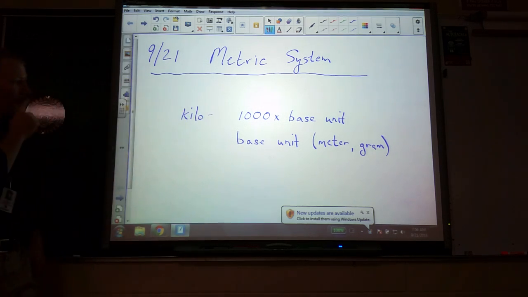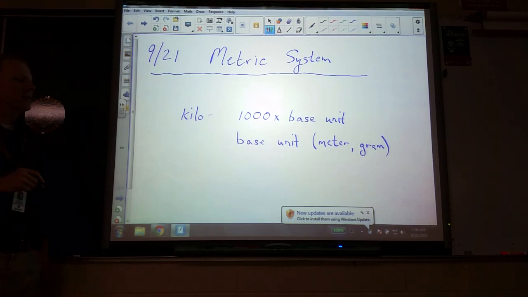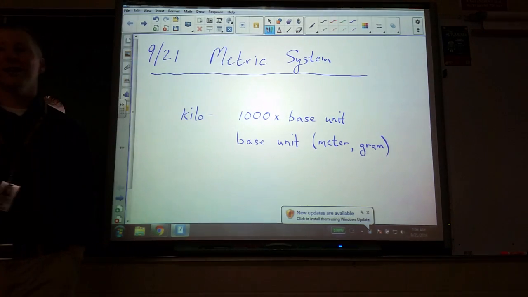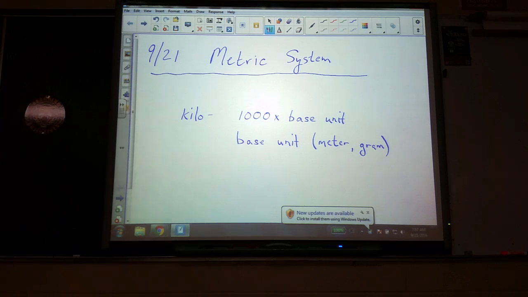It's a prefix, kilo, and whenever we see that prefix kilo, it means the same thing. It means 1,000 of whatever comes after it. So kilometer, kilogram, kilobyte in computers. It's not quite exactly 1,000 because of how computers are built, but it's very, very close.